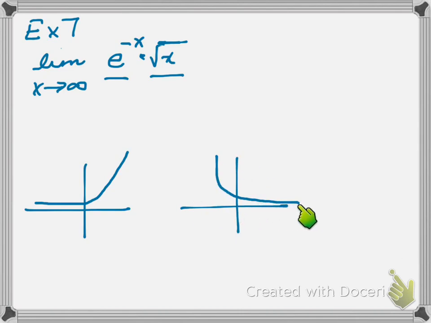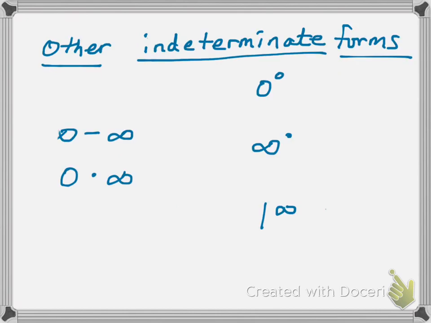As x is approaching infinity, then that's going to go to 0. So this comes out to be 0 times, and the square root of an insanely large number is still going to be insanely large, so I get 0 times infinity. And remember, 0 times infinity is not a form that can be trusted.